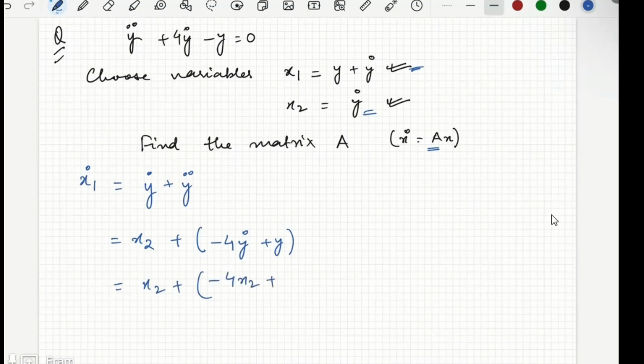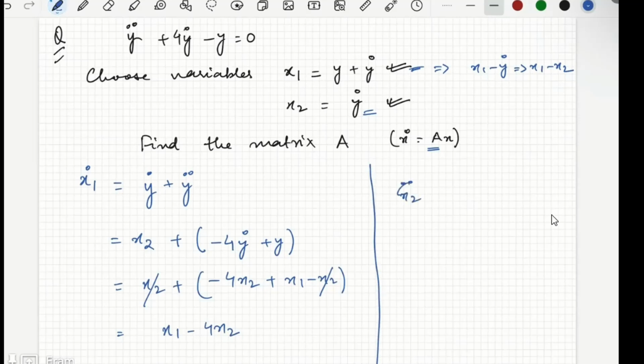And what about y? Y we can write from here, so y is x1 minus y dot, or x1 minus x2, because y dot is x2. So these x2 will cancel out, and then we have x1 minus 4x2.